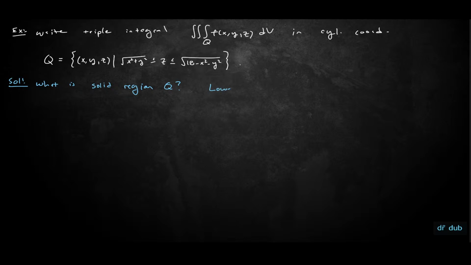So the lower bound is z equals square root of x squared plus y squared. We could square both sides and say that's z squared equals x squared plus y squared, and we know that is a cone.